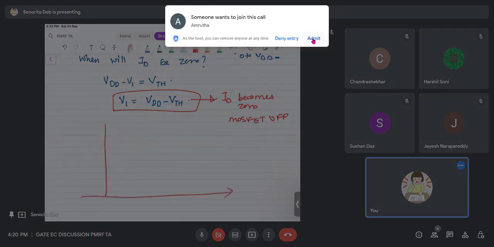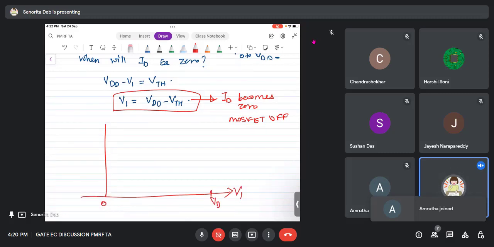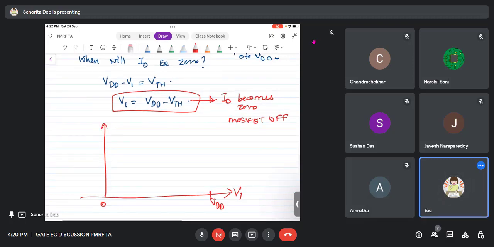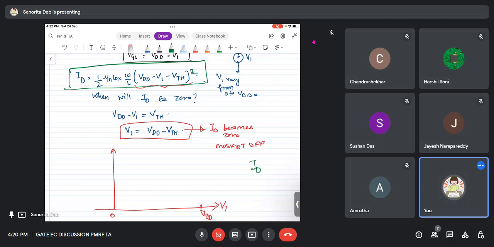Right? So, in my graph, V1 will vary from 0 to VDD, as I have mentioned in the question. Now, ID follows a square law, right?